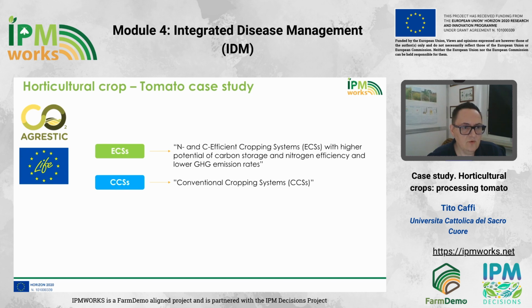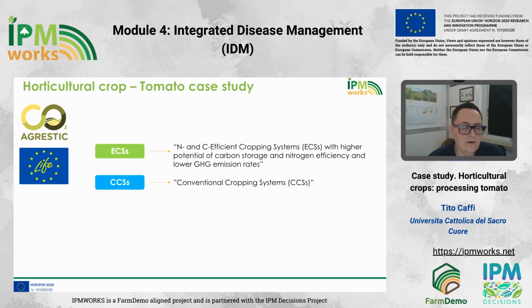So I'm presenting you some use of such a type of decision support system in a LIFE project, the Agrestic LIFE project, that is still ongoing. It will be finished at the end of 2023. We are comparing the conventional cropping system, the CCS, in blue here in this slide, with a nitrogen and carbon efficient cropping system.